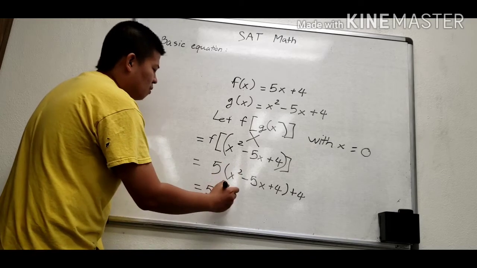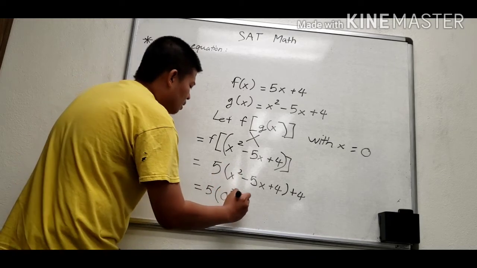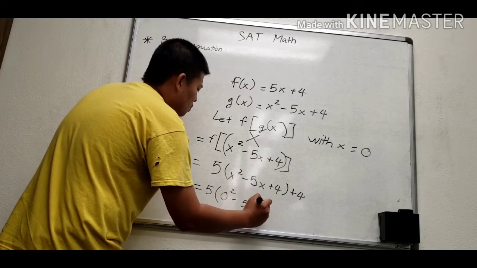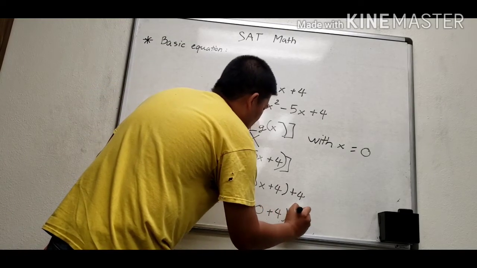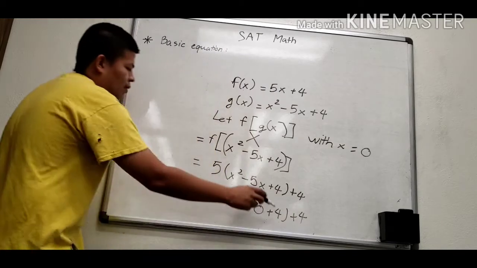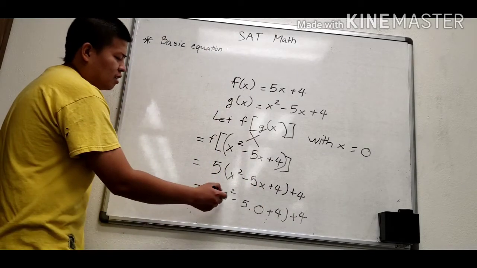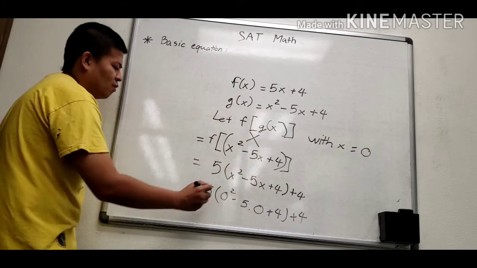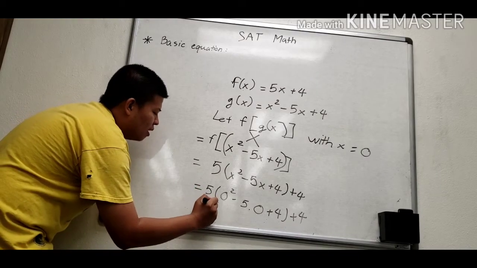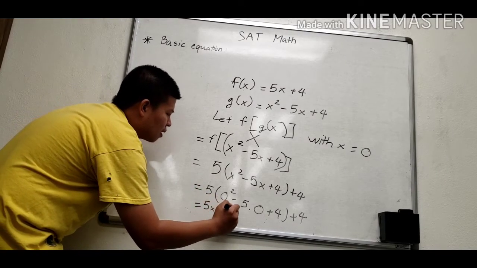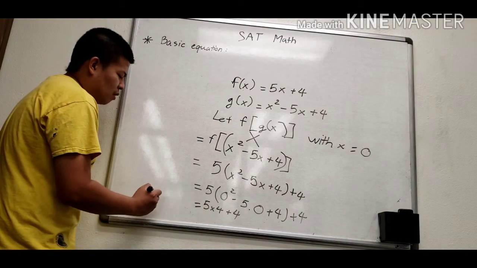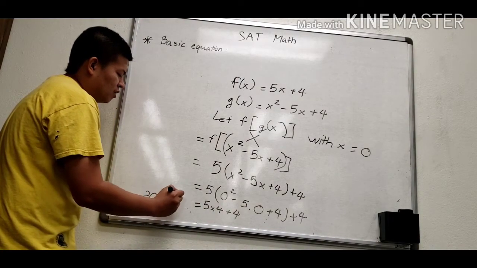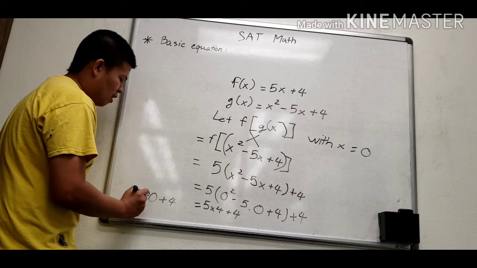So you get 0 power 2 minus 5 multiplied with 0 plus 4 and plus 4, and you know that 0 power 2 is 0, so we have 5 multiplied with 0 plus 4. 4 multiplied with 4 is about 20.